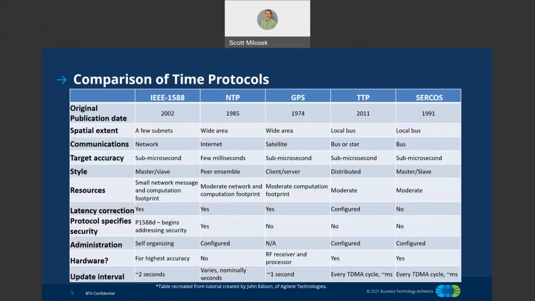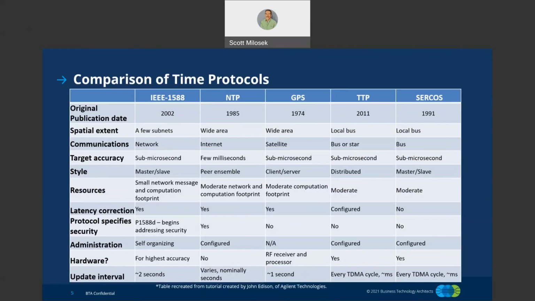This chart is a comparison of time protocols, and it was recreated from an IEEE tutorial deck that was first published back in October 2005 by John Edison. If we take a look at this table, we can see that the IEEE protocol was first created in 2002. Since then, there have been several updates, and we'll talk about those updates in just a second.